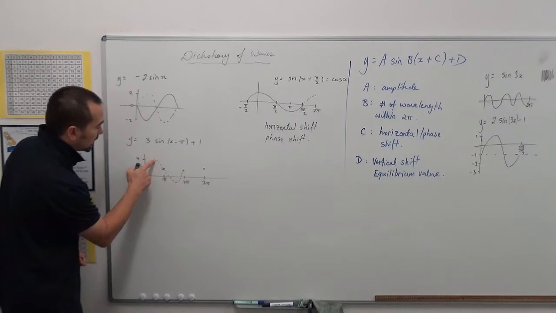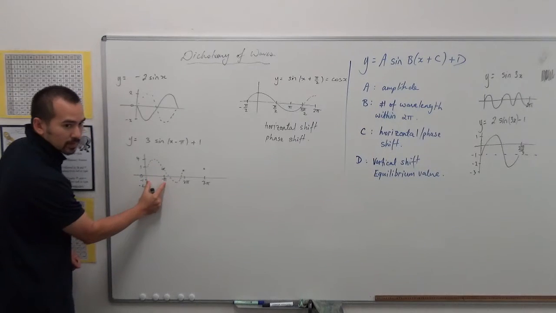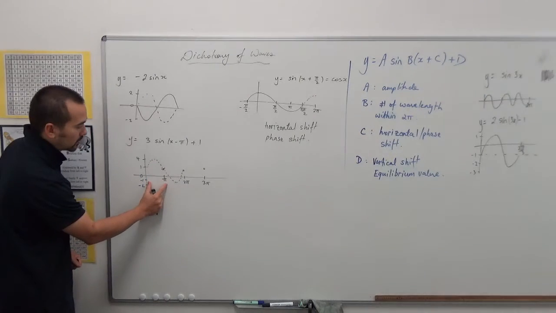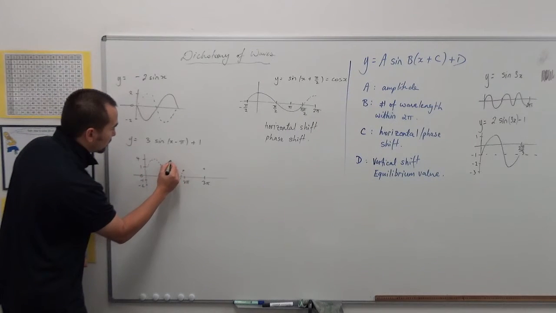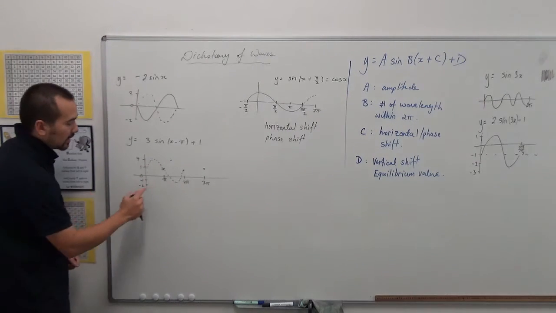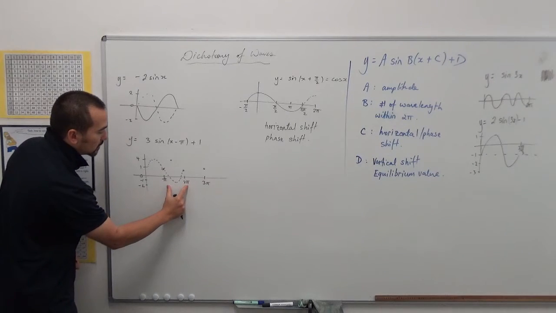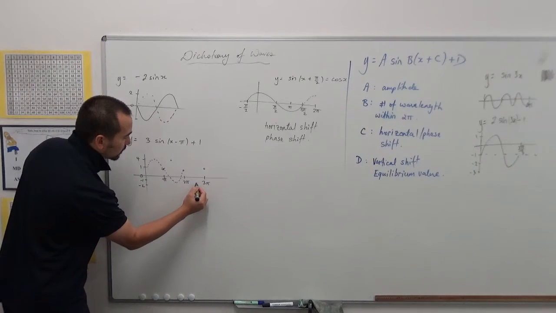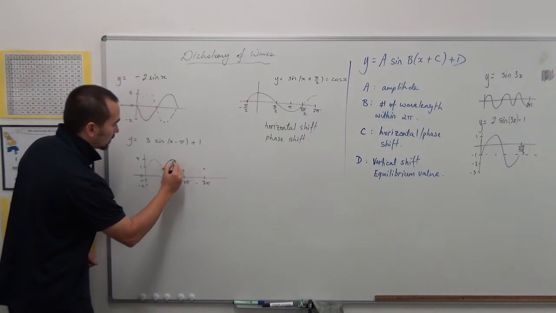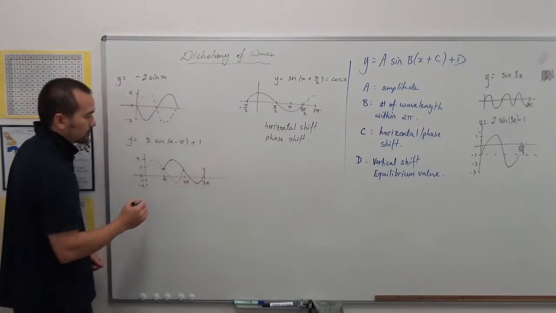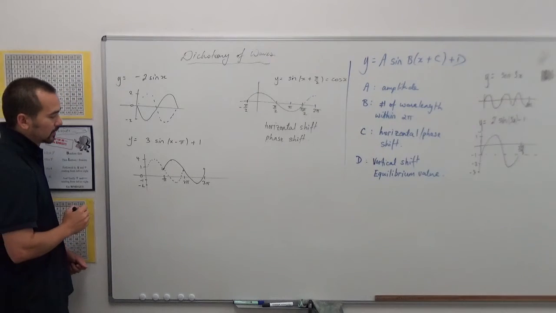That coordinate, which is halfway between pi and 2 pi, is now halfway between here and 3 pi. And this one, which is halfway between those two, is now halfway between there. Okay, so we get this curve, more or less.